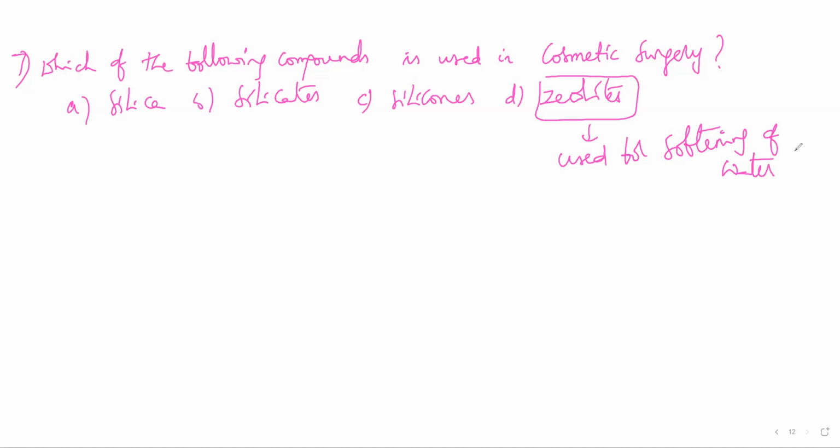During the removal of permanent hardness of water, artificial zeolite, that is what we call permutit. So here the answer is silicones. Okay.